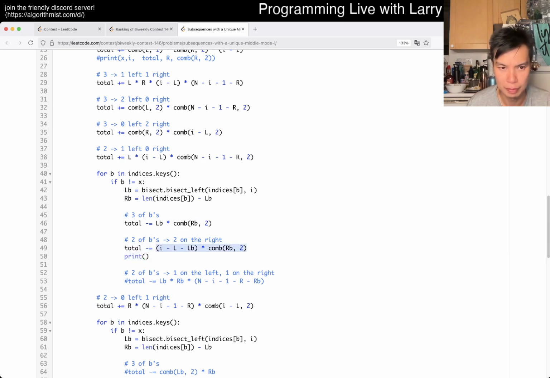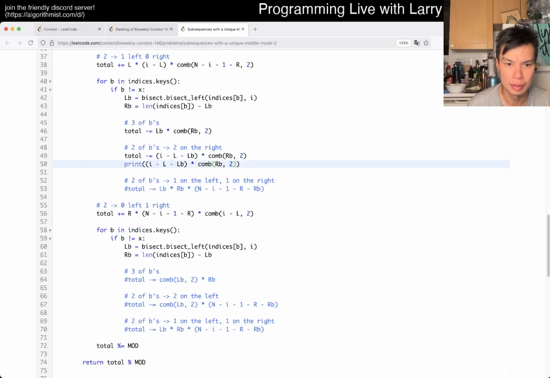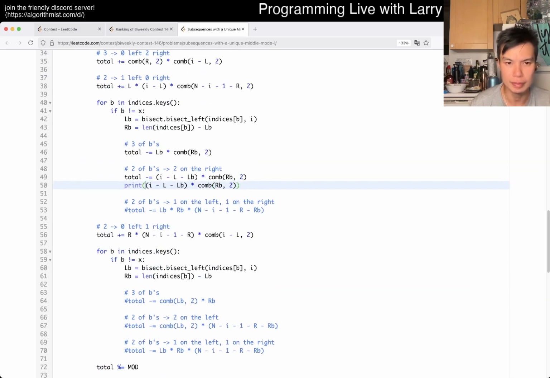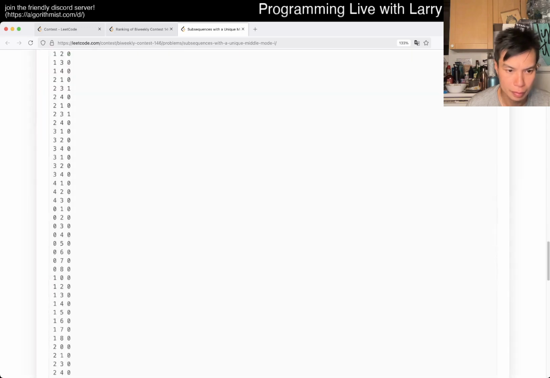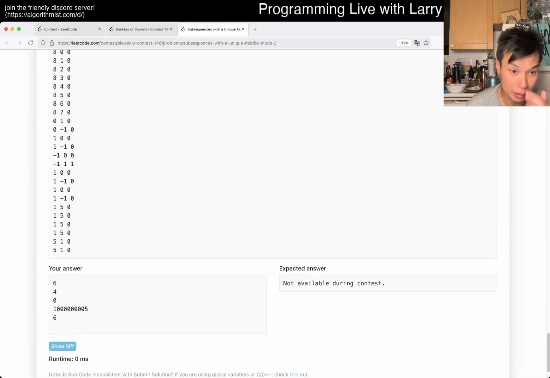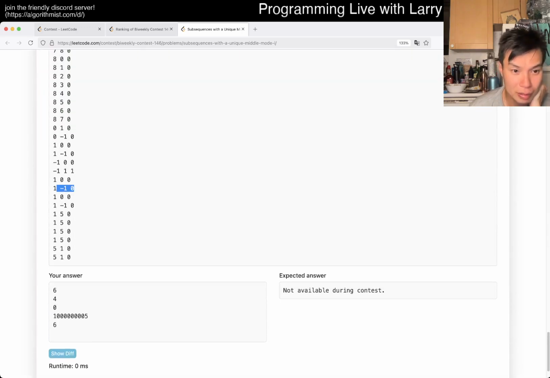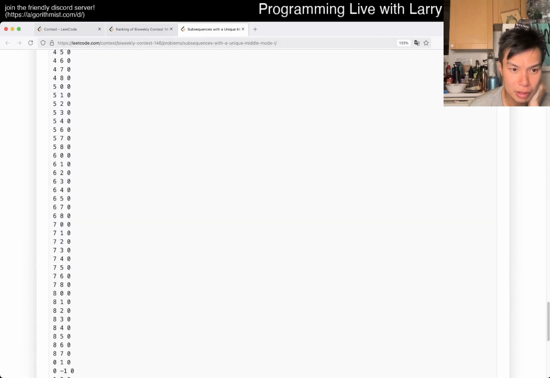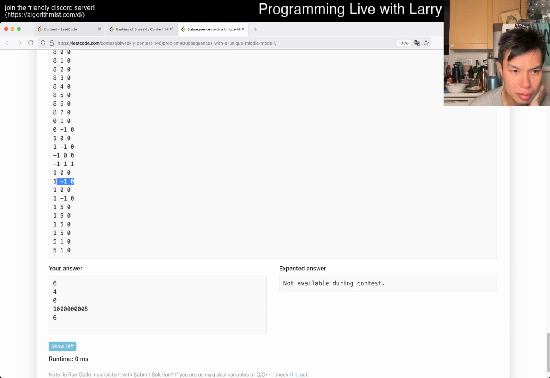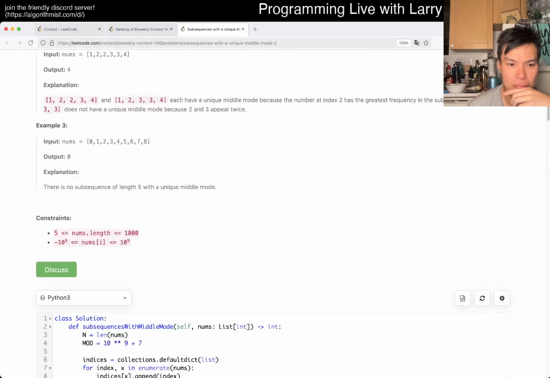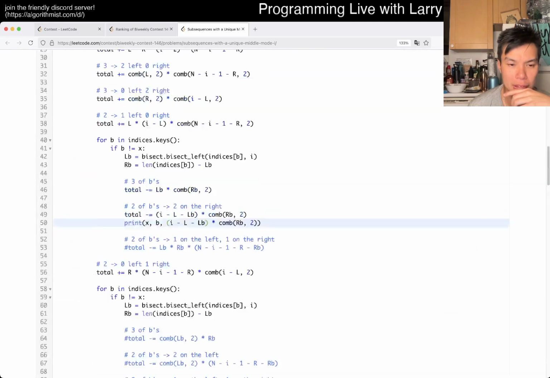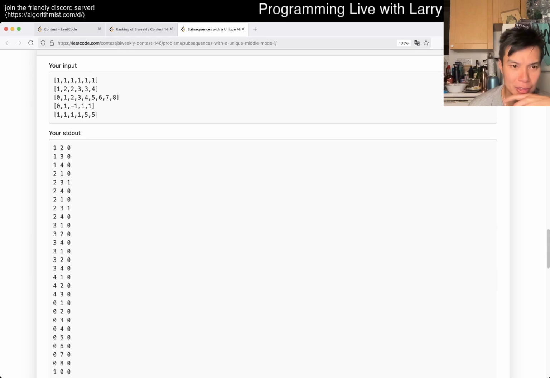Alright, let's take a look. This is unreadable, but okay. -1 is the middle. I'm not looking at the right one anyway. Okay, that's why.